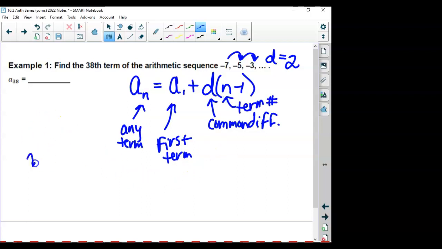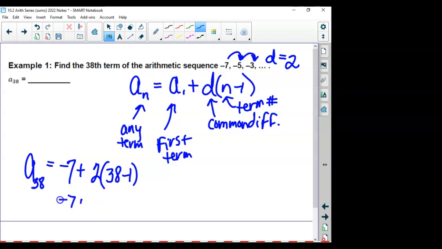So if we want to find term 38, we say the first term was -7, the difference was positive 2, and we're going to need to add that 37 times, or 38 minus 1 times. So we'd have -7 plus 2 times 37.